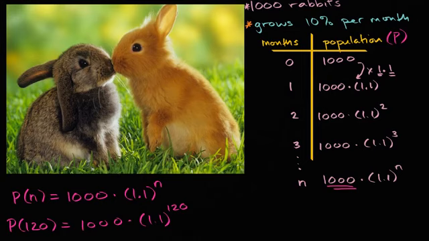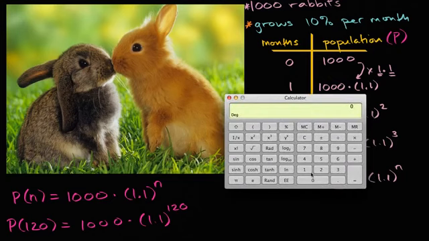I cannot calculate 1.1 to the 120th power in my head. 1.1 to the 120th power, times our initial population, times 1,000, is going to be equal to roughly 93 million rabbits.